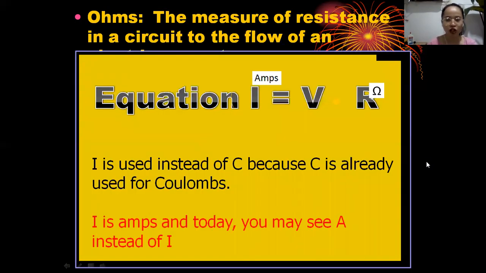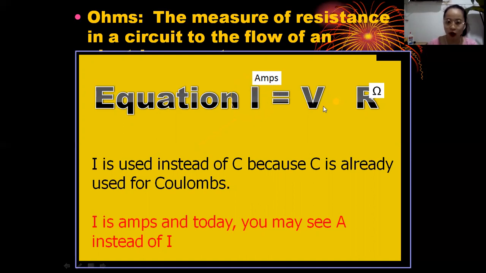As you can see here, I is the capital I, not the small l, and it represents current. Why is it not the letter C? Because C is already used for coulombs. For current, we use the capital I, and the unit for current is amps.